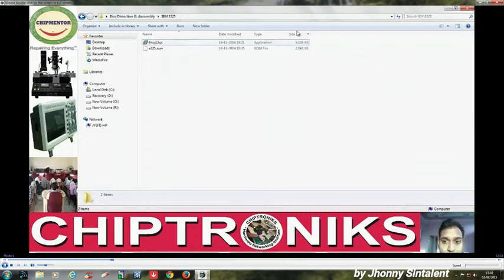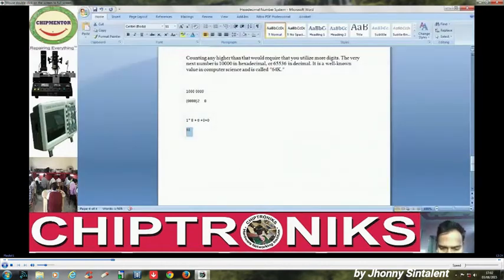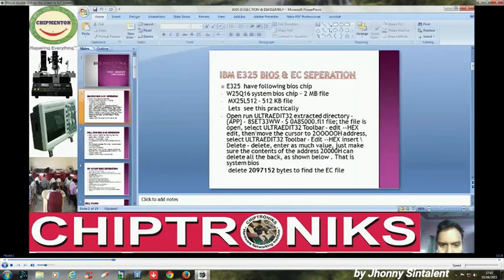Now this file is 5 MB, and you see in our presentation we have 2 and 512. If we add it, 2 MB and 512 KB, it's less than 2.5 MB.